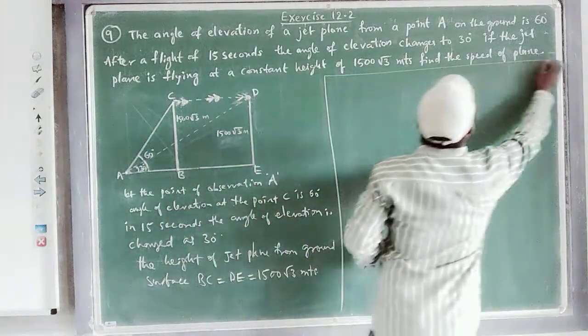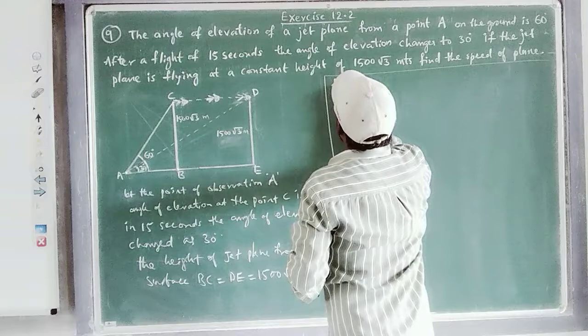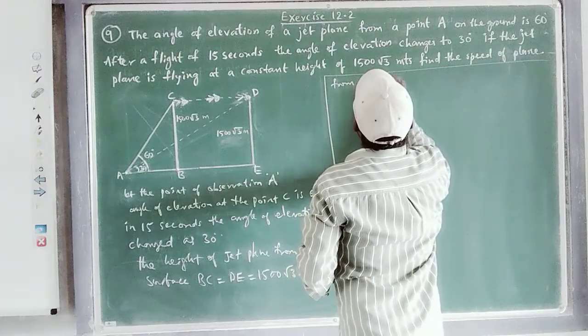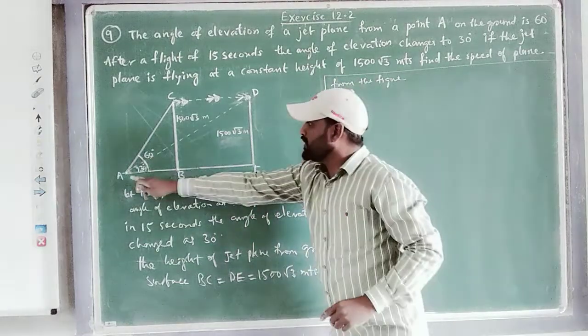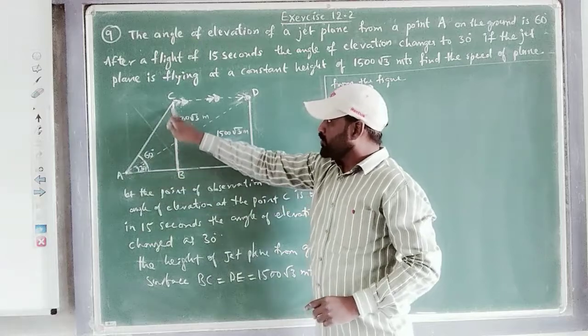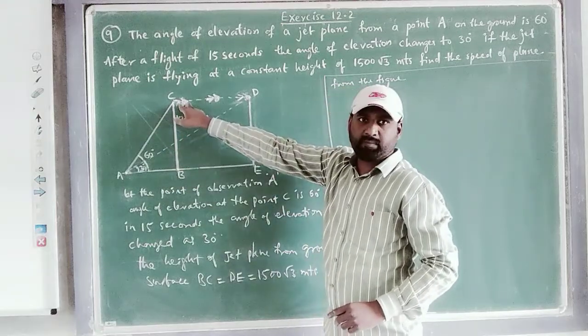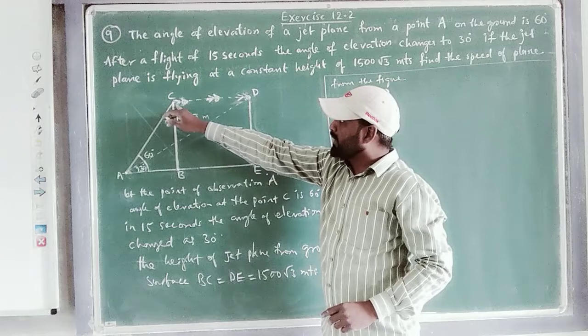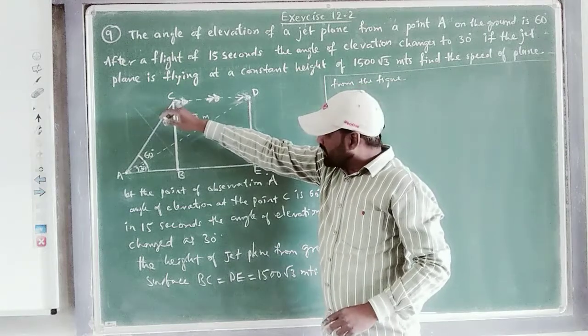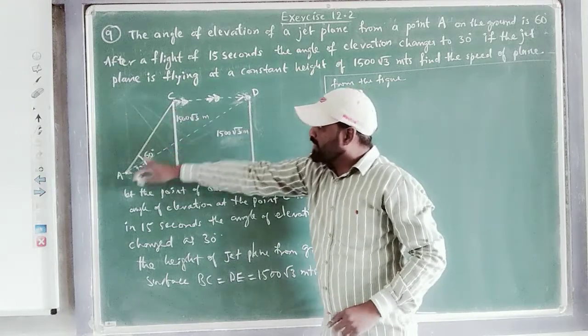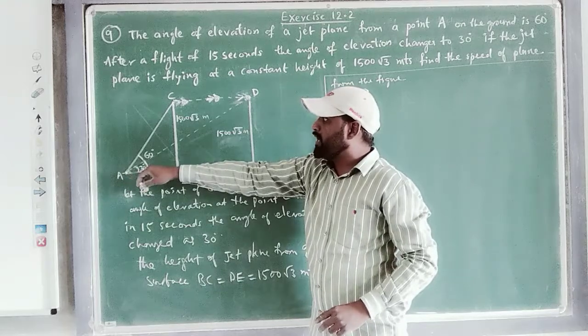Now from the figure, first time this is triangle ABC. First time the flight is at point C. When the flight is at point C, when it is observed from point A, what is the angle made? 60 degrees.